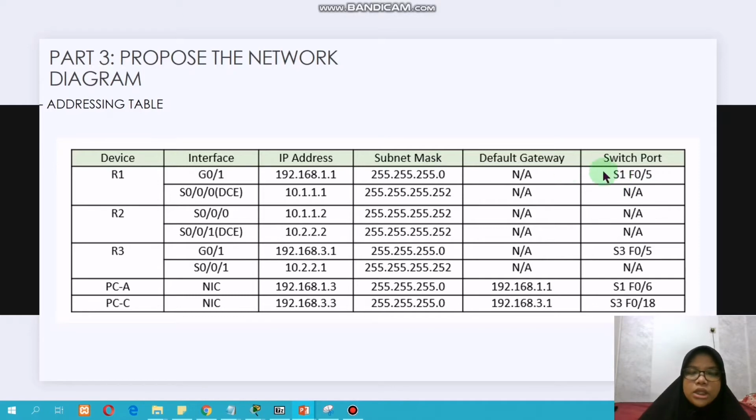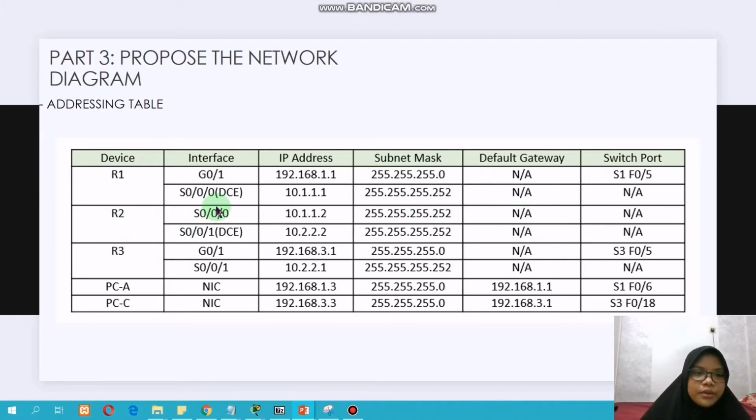The switch port connecting the router to switch 1 is F0/5, and router S0/0/0 has IP address 10.1.1.1, subnet mask 255.255.255.252.